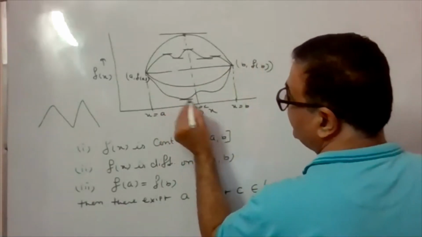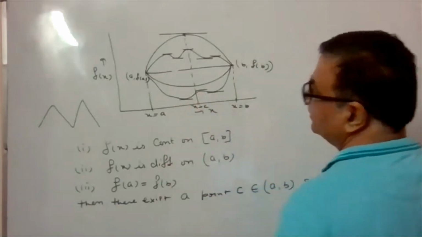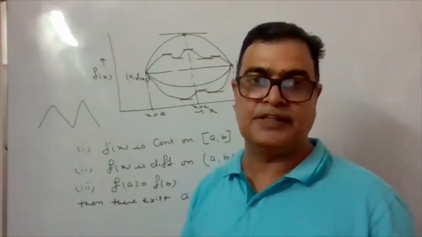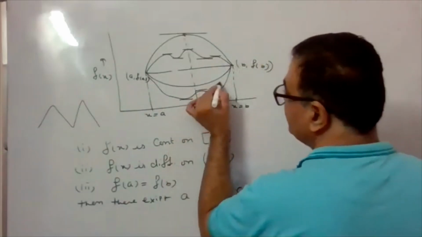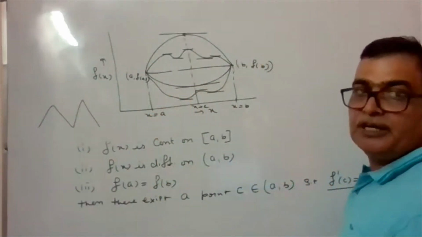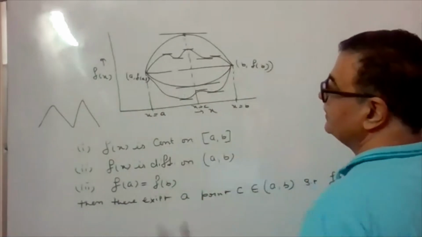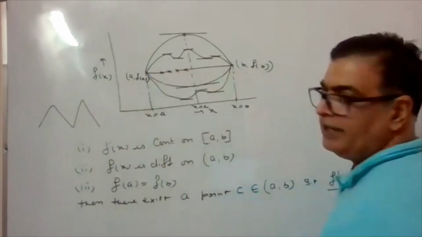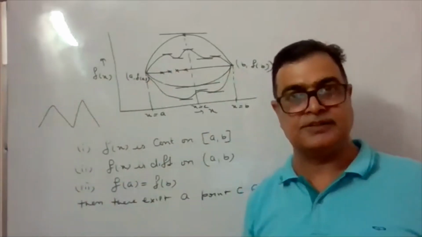On this curve, 1, 2, 3. Three points are there where the tangent is becoming parallel to the x-axis. This is another one where the tangent will become parallel to the x-axis. And in this case, every point you take, the tangent will come parallel to the x-axis.